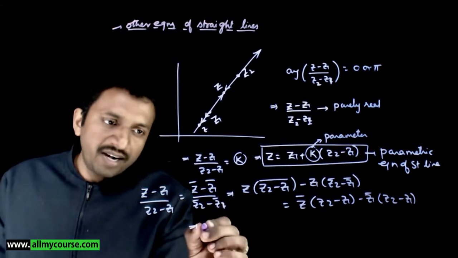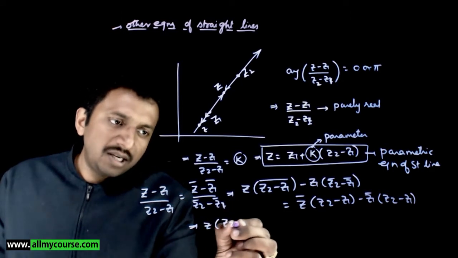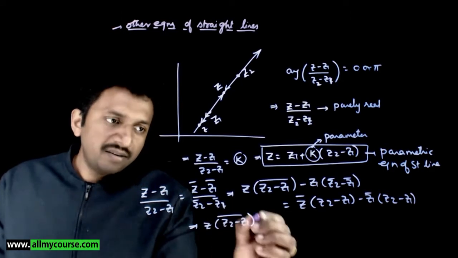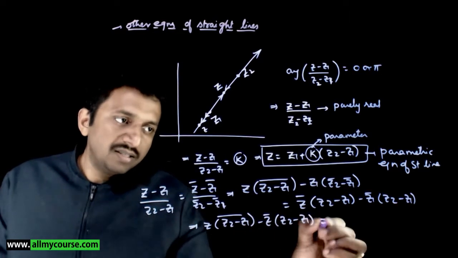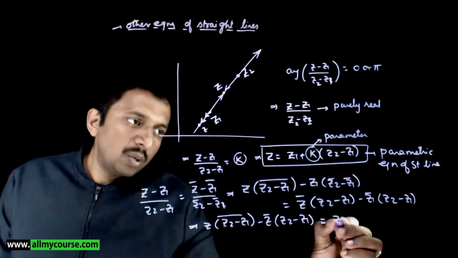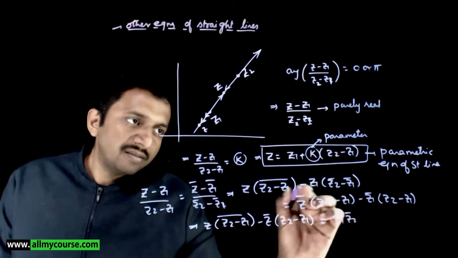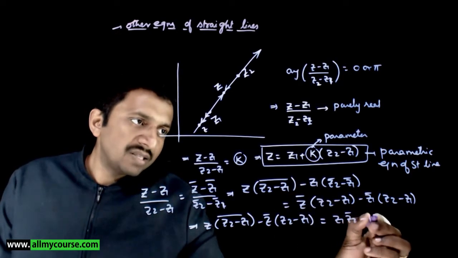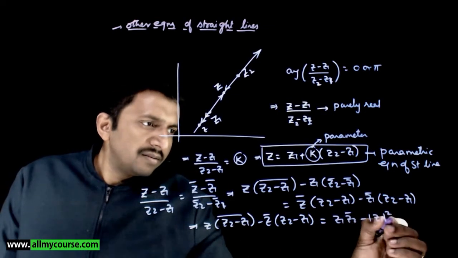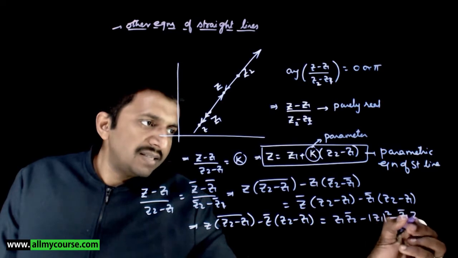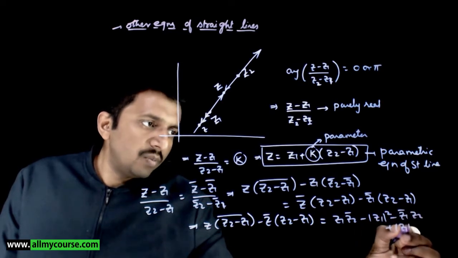So this can be simplified as z times (z2 minus z1) whole bar minus z bar times (z2 minus z1) is equal to z1 z2 bar minus mod z1 whole square minus z1 bar z2 plus mod z1 whole square.